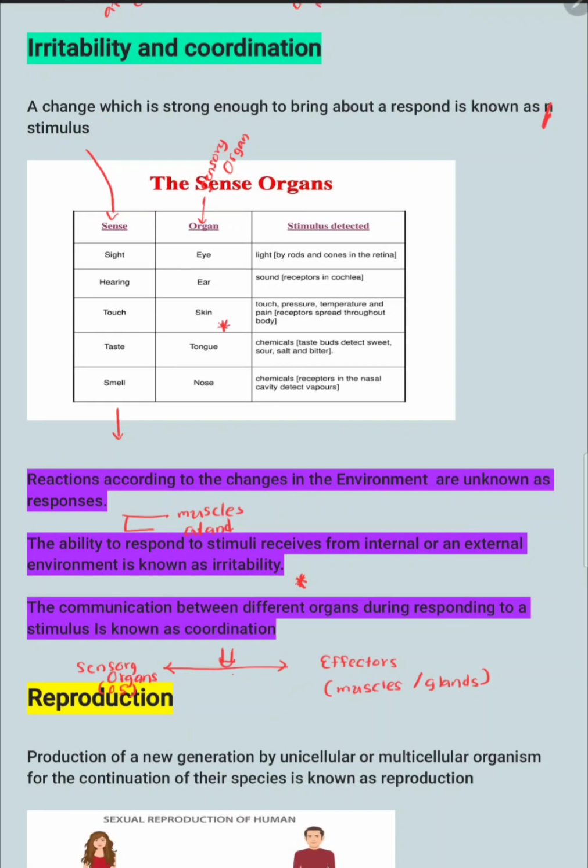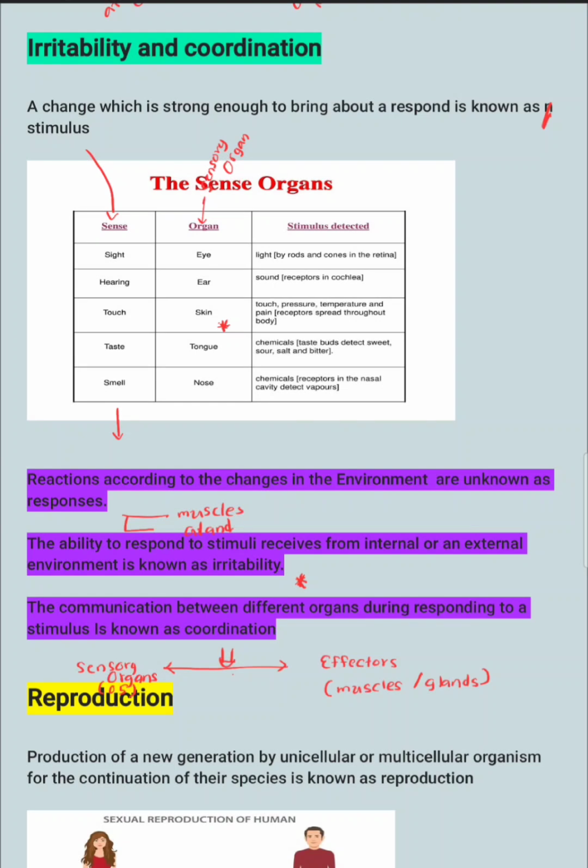It is skin, not the body, right? From these sensory organs, they can perceive stimuli. From the eye, sight. From the ear, hearing. From the skin, touch. From the tongue, taste.